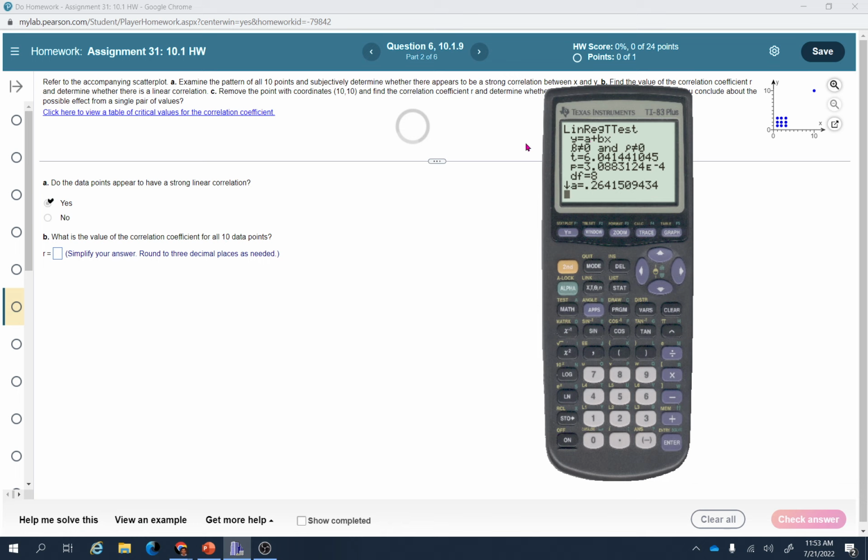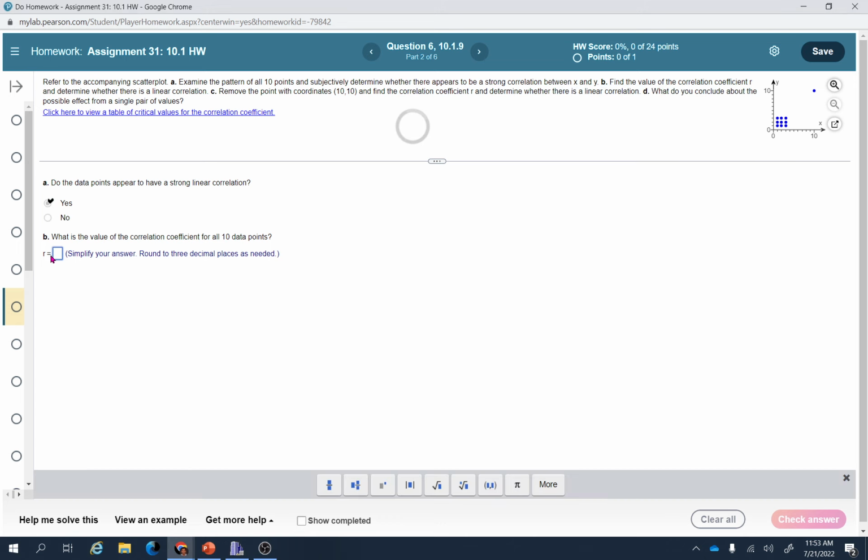If you go down, you can find the value of b, the standard deviation, r squared, and r. This is what we are looking for. r is the correlation coefficient, which is 0.906, rounded to 3 decimal places. So 0.906 is the correlation coefficient.